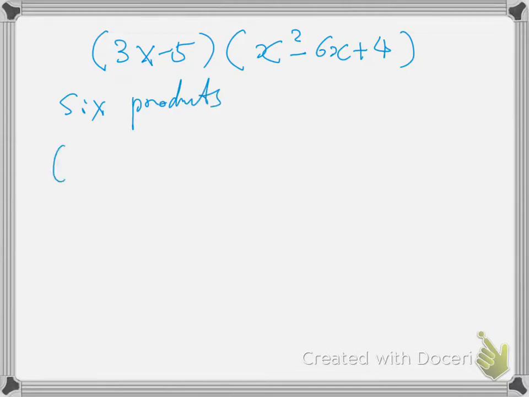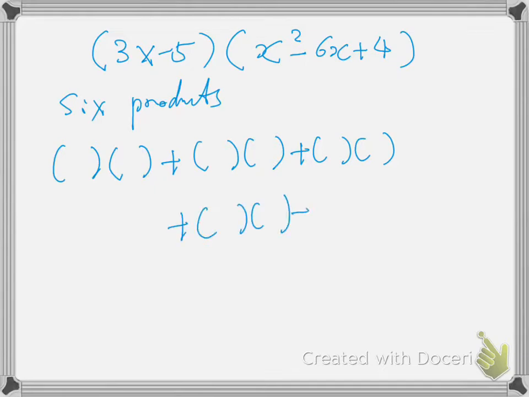I'm going to write down 6 products this way. 3 products on top and then 3 more on the bottom. But for the second 3 products, I'm going to move it to the right a little bit. Later I'll explain why.